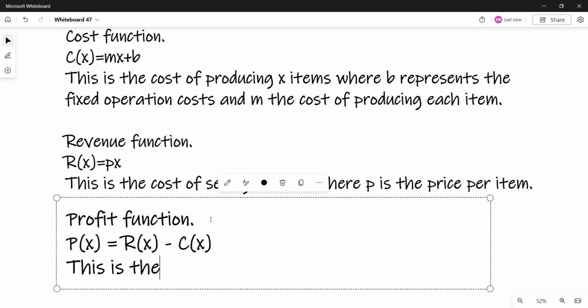This is the revenue from producing and selling X items.